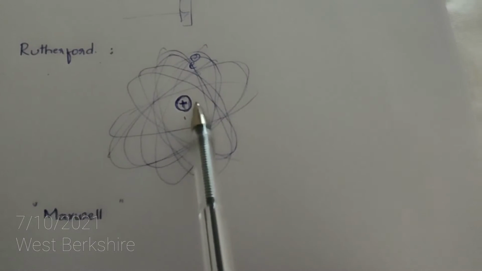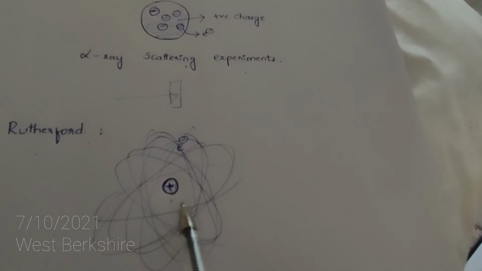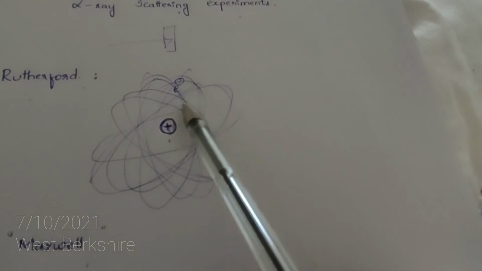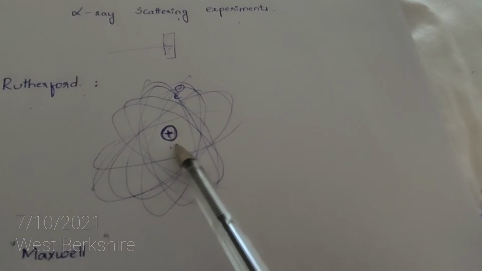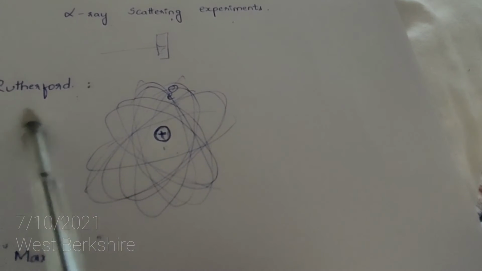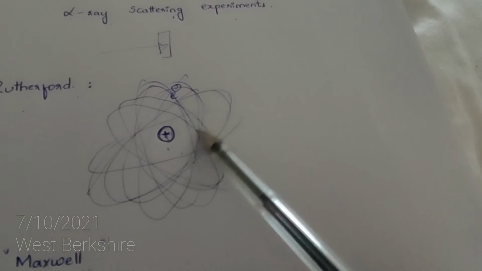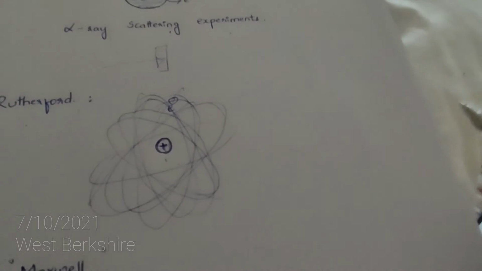So it would be more similar to the version said by Thomson, but it is not happening in reality. According to Maxwell, the electron should lose energy and eventually fall into the nucleus, but it is not happening. So Rutherford's model cannot explain Maxwell's theory. So this structure is also proved to be somewhat wrong.